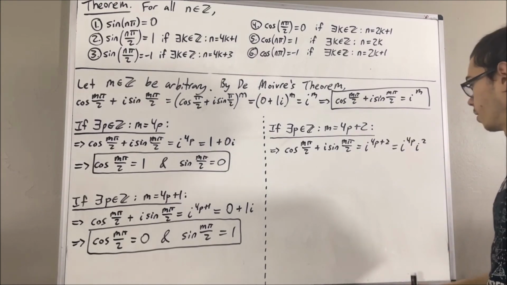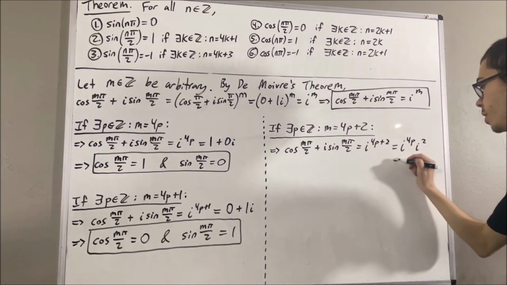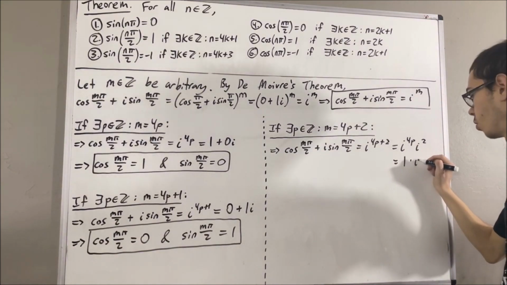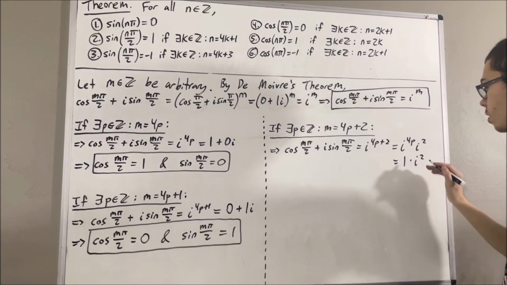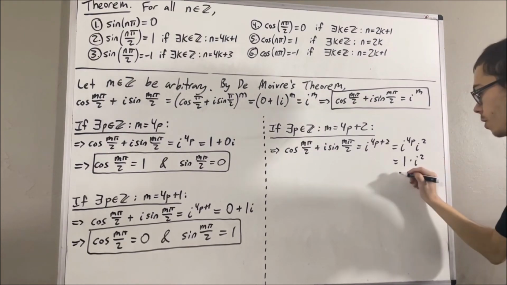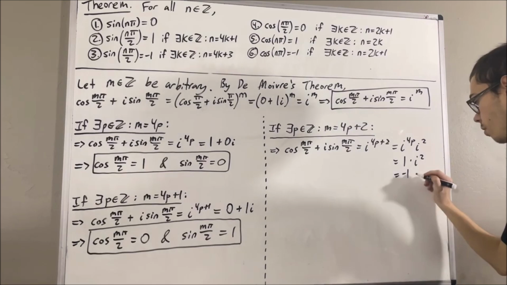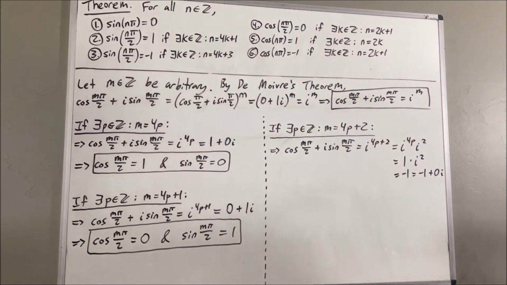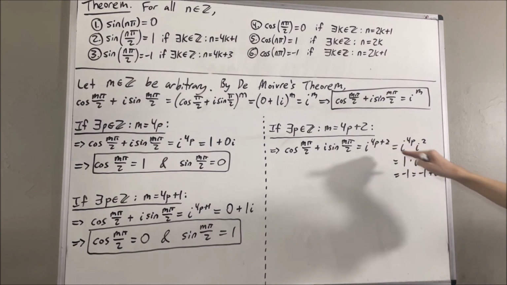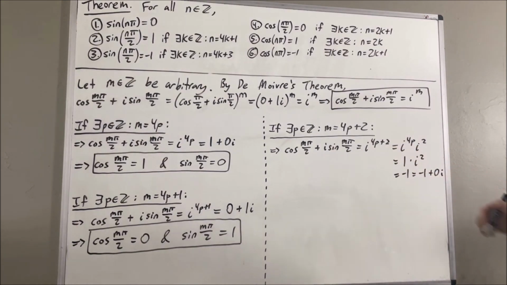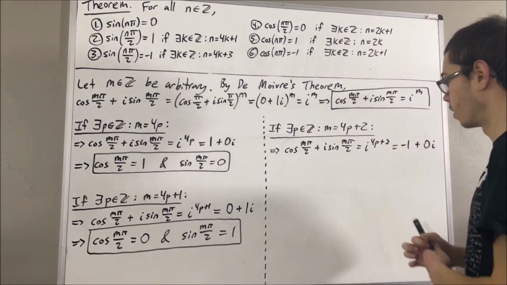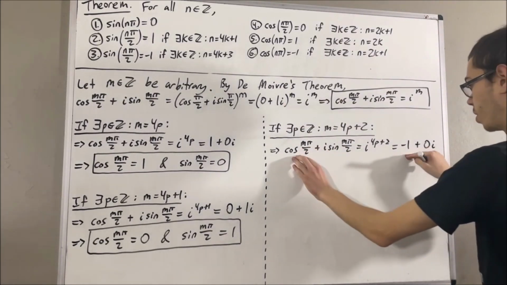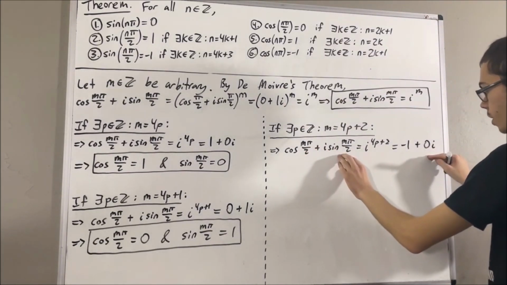And we know that i to the power of 4p is just going to be equal to 1. So this is just 1 times i squared. But then i squared is equal to negative 1, so this is just negative 1, which is equal to negative 1 plus 0i. So overall, this is just equal to negative 1 plus 0i. And so now we set the real parts and the imaginary parts equal, and we get this.